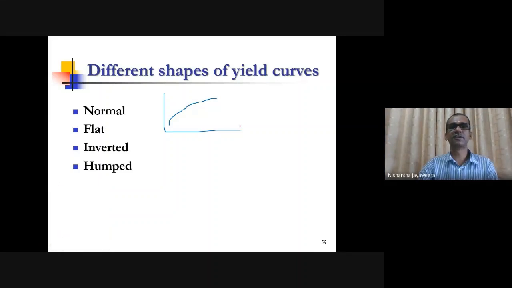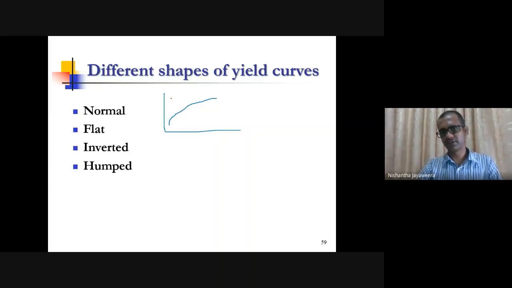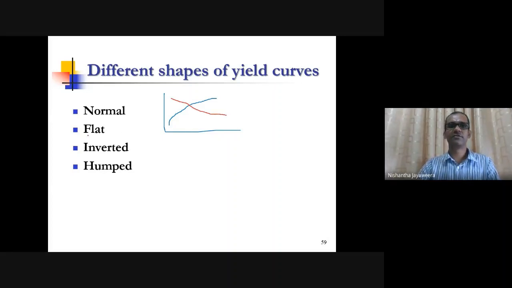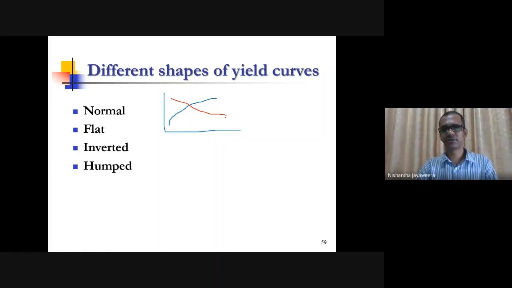In a negative yield curve, it's the other way around. When the time to maturity increases, yield goes down.